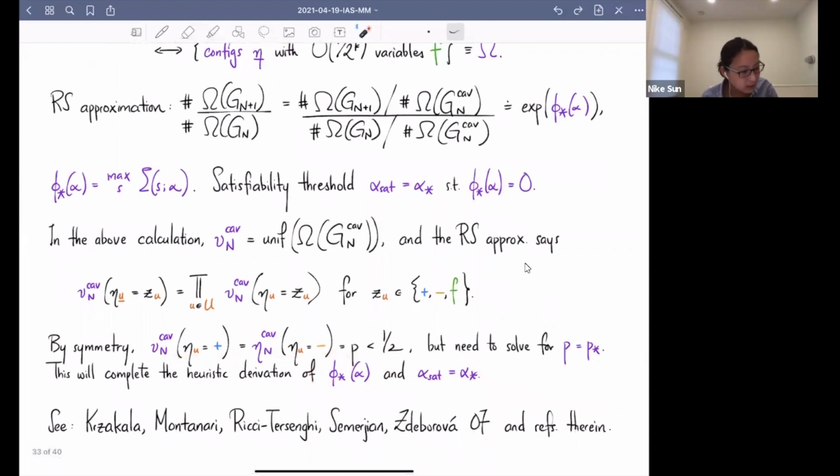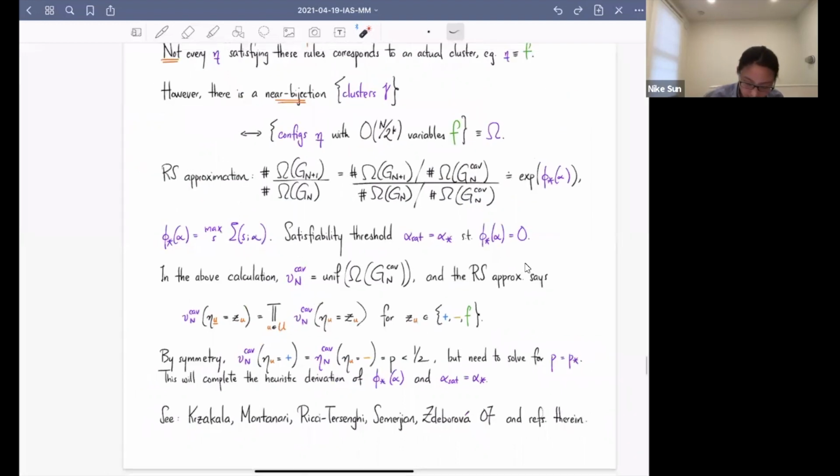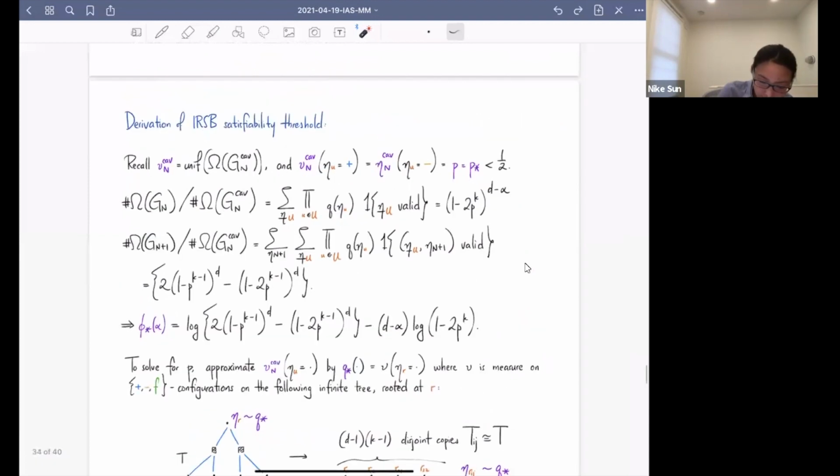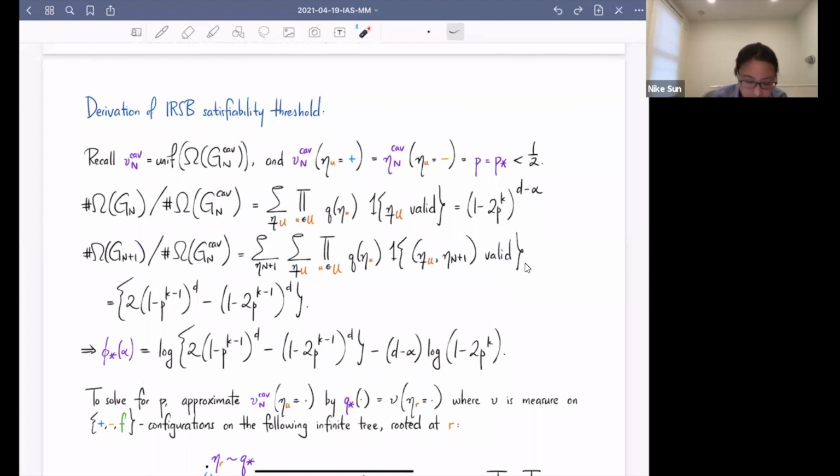So maybe in the interest of time, I will skip the actual derivation of this quantity. These are some references for this type of calculation. Let me just say very briefly how you derive the 1RSB satisfiability threshold.